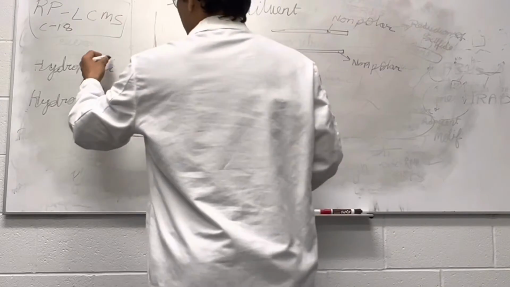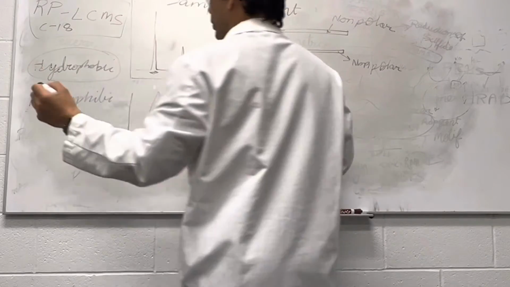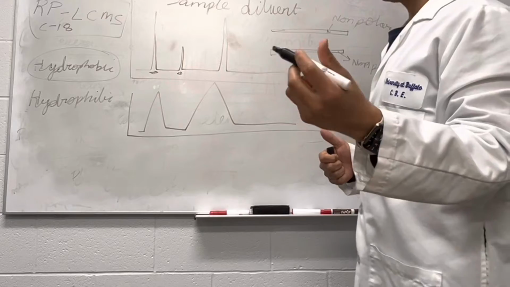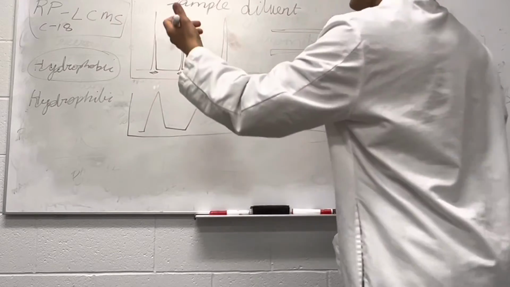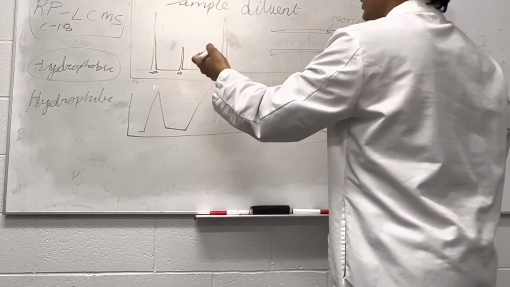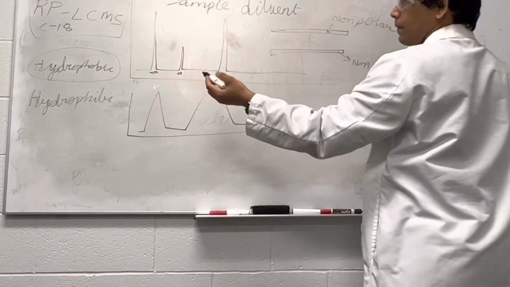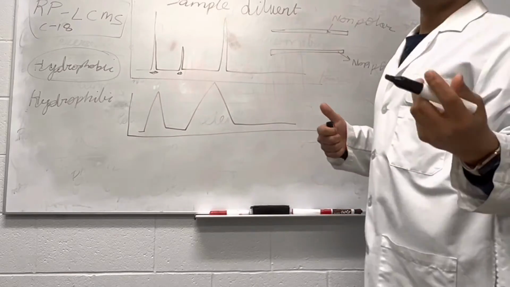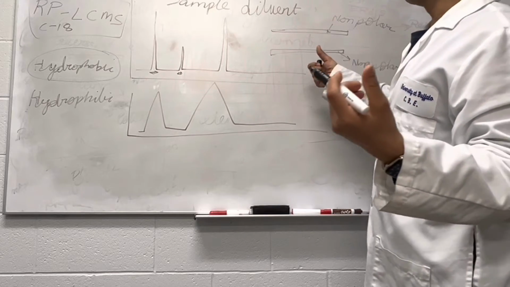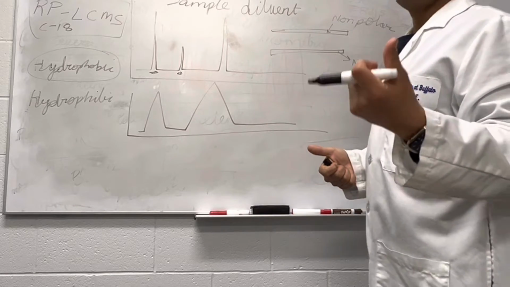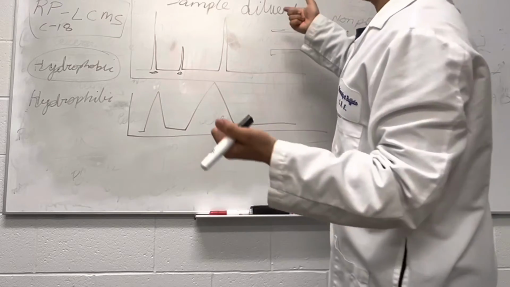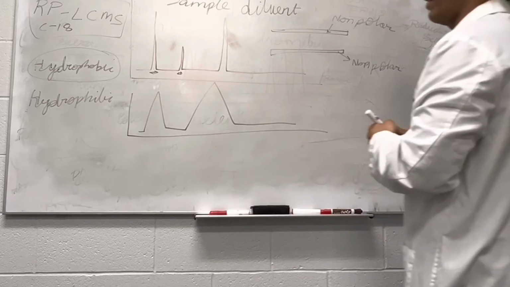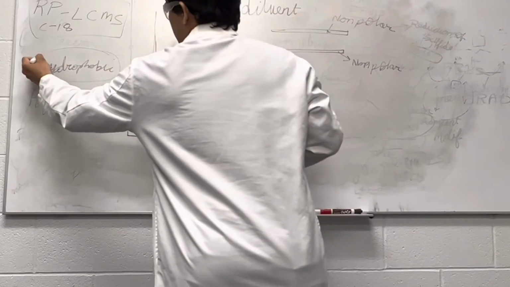So if our sample is hydrophobic, then we need to ensure that it is completely dissolved in the sample diluent. Otherwise, if it is not dissolved, it will not be able to reach the column, because the injection usually picks up only the sample diluent if our samples are not properly dissolved.